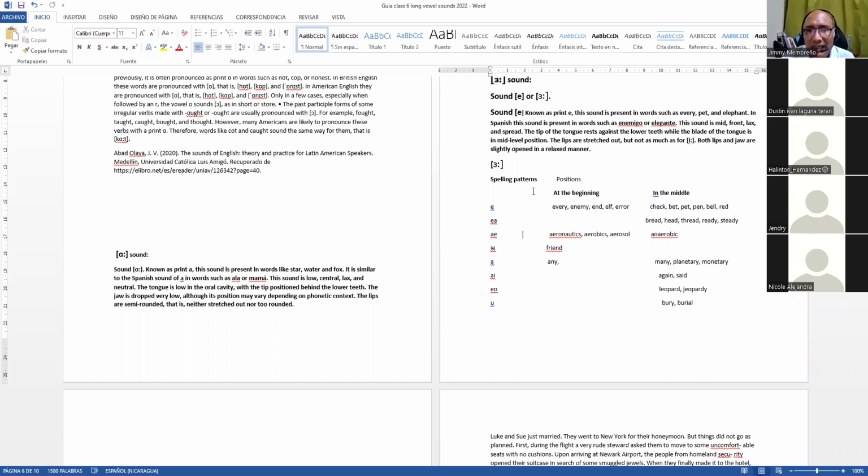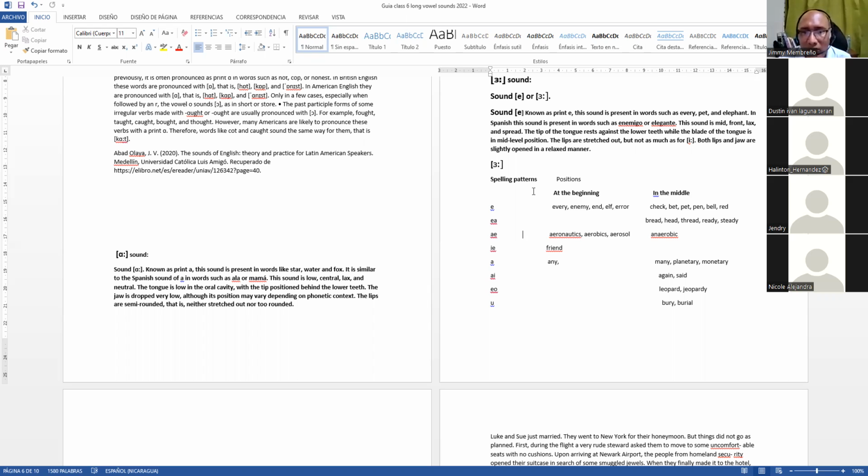For example, aeronautic, aerobic, aerosol. It's not aerosol like we would say it in Spanish, right? So this combination is aerosol, aerobic, aeronautic. In the middle, anaerobic.